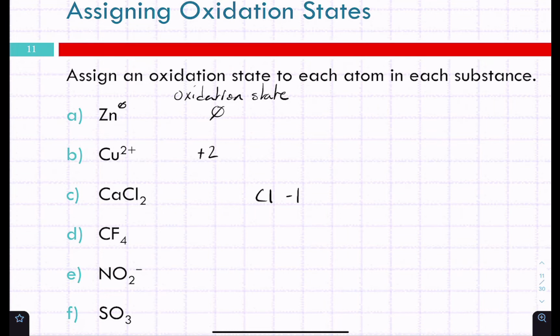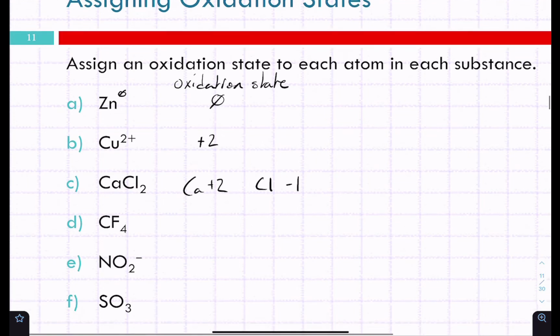And then what is calcium going to be? +2. There are two ways that you can determine it for the cation, the one that's going to have the positive oxidation state. One is, in this case, because calcium is in the second column, so it's going to have a 2 plus or +2. And chloride is -1. But the oxidation states here also have to add up to 0, and there's no conflict in this one.